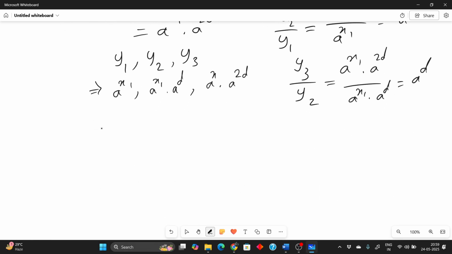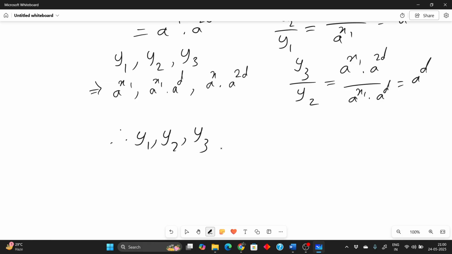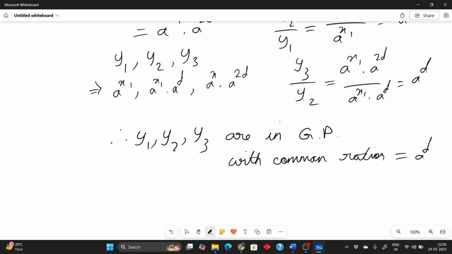Therefore, we can write y1, y2, y3 are a GP with common ratio a to the power d.